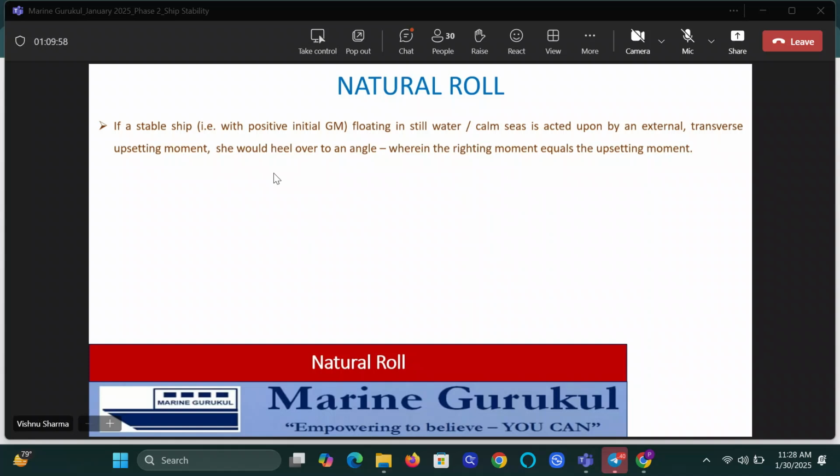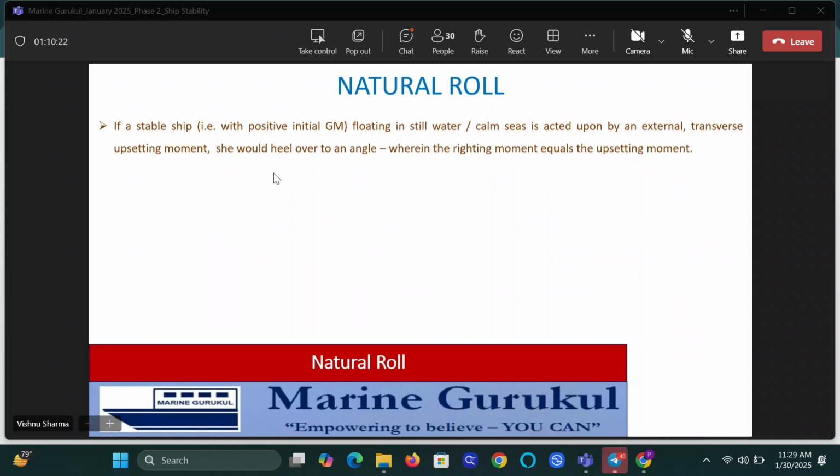You can initiate the rolling by any of the ways. If she is at berth, you can tighten the mooring ropes and then slacken them, and then she'll start rolling. Or you can induce the rolling any other way. But once you have induced the rolling, then you have to withdraw the element that induced the rolling.